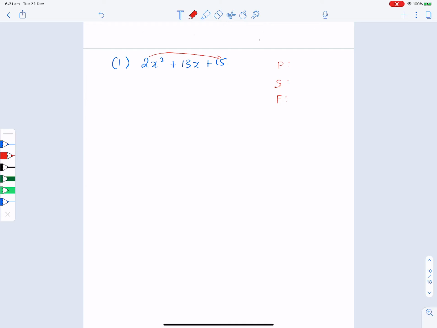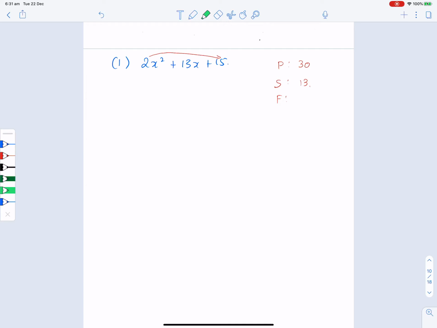So now we say, what numbers multiply to give 30 and add to give 13? Because now the product is 2 times 15, which is 30.